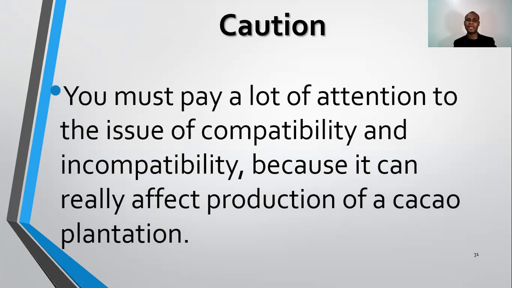You must pay a lot of attention to the issue of compatibility and incompatibility, because it can really affect the production of a cacao plantation. If there's one particular thing you really have to pay attention to as far as fertilization is concerned, it could also be this.